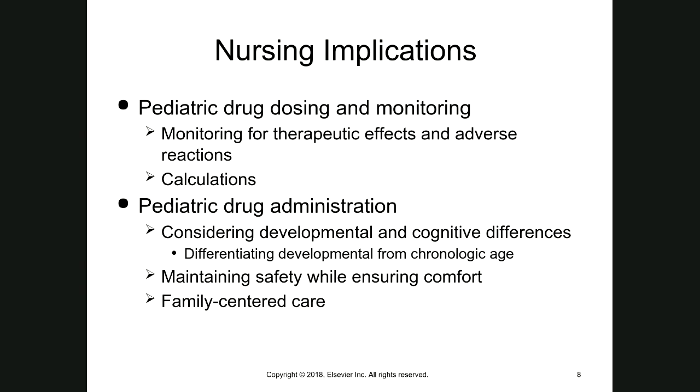If they're going to go home, you want to look for specific side effects that they may encounter with that specific immunization, or especially with the live virus, because they may have an allergy to that specific immunization.